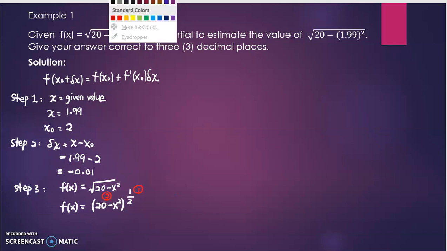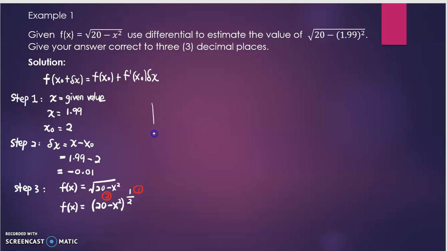So f'(x) is equal to, first I differentiate the index. I bring to the front the value of 1 over 2, so I have 1 over 2 multiplied by the rewritten expression.